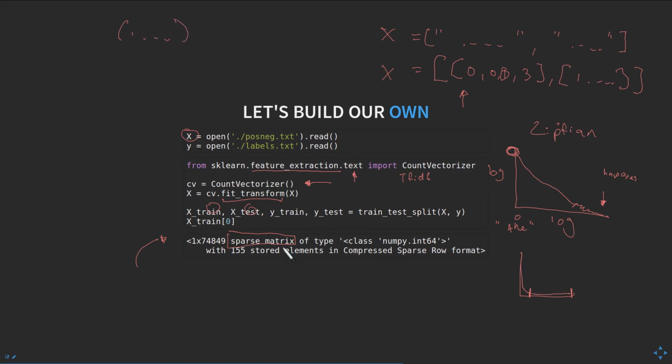You can look this up if you're interested, but it's a very compact representation of data, and it requires a specific set of classifiers that actually work on a sparse matrix format. So you might encounter some classifiers where you need to convert X to dense. The function is literally called to dense, which will then convert it to this matrix format that we're used to, rather than the sparse matrix format.